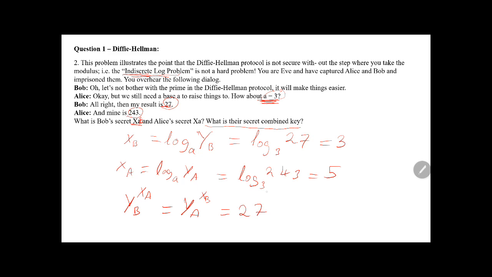In Bob's case, he takes her public key, which is 243, power his private key, which is 3. And both, not surprisingly, it's just math, give us the same value, which is 143489007. And that's it.